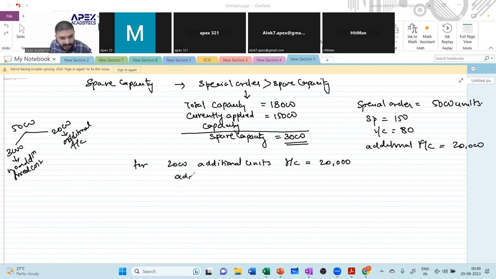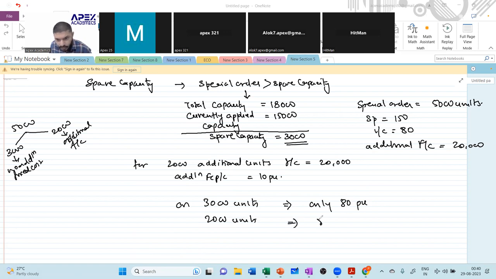So the additional fixed cost per unit is 10. On 3,000 units, you have to recover only 80 per unit, and on 2,000 units, you have to recover 80 per unit, that is variable cost, plus 10 per unit, that is fixed cost. The answer is 90 per unit.